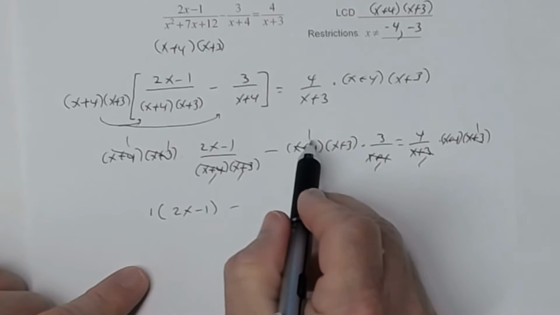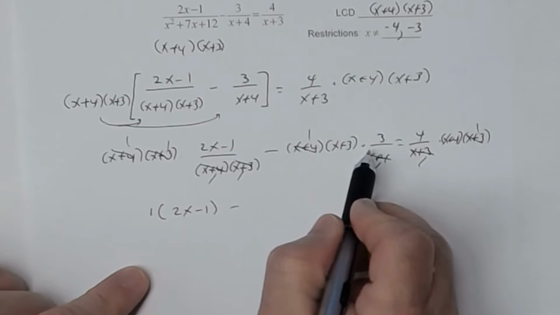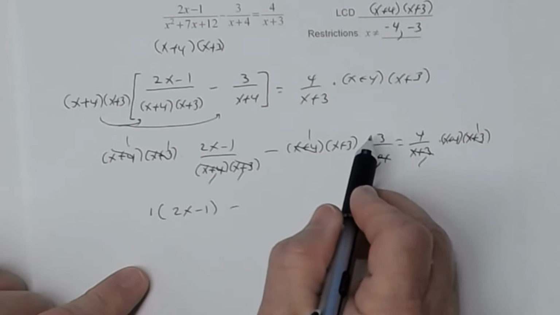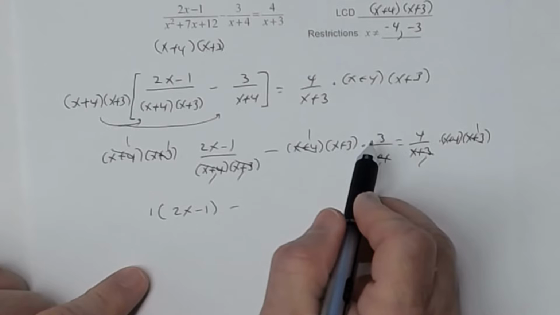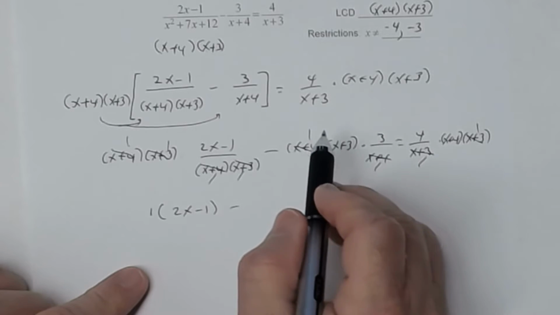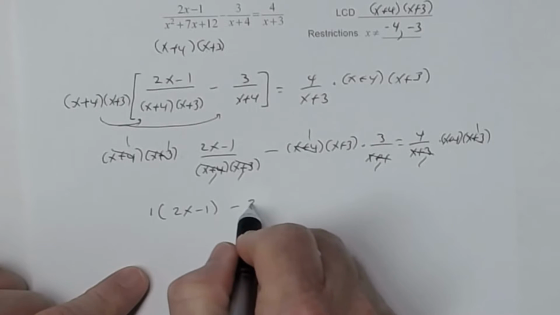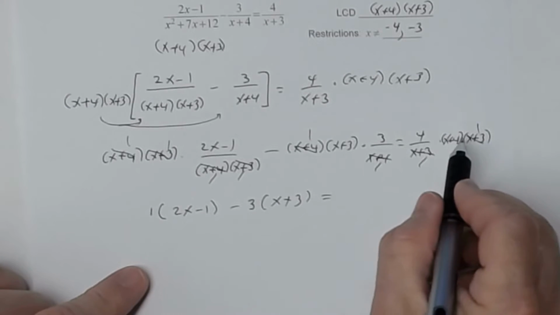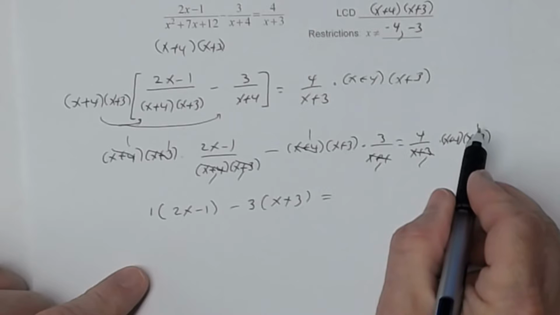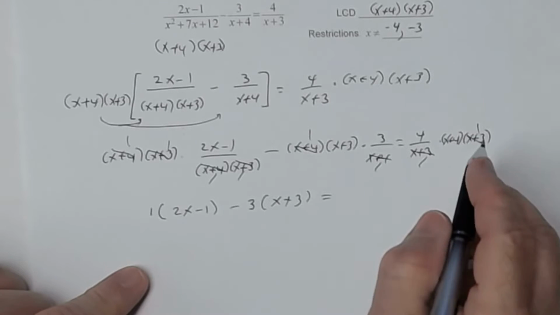Minus, now be careful here, you have 1 times x plus 3, x plus 3 times 3. So remember, multiplication is commutative. The order in which you multiply does not matter. So 3 times 1 is 3. So I'm going to write this as minus 3 times x plus 3, equals. And then over here, you get 4 times this 1 is 4, and so 4 is being multiplied by x plus 4.